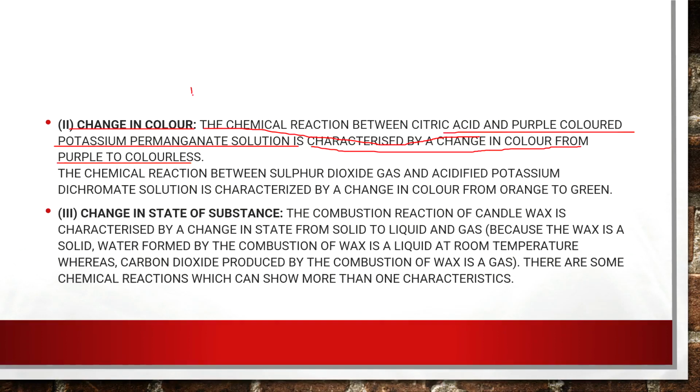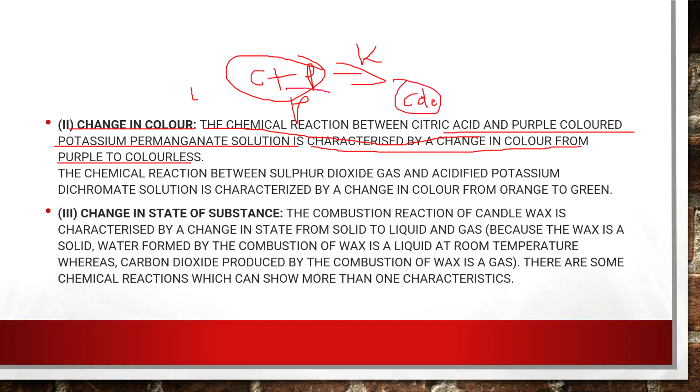So when citric acid reacts with potassium permanganate, it becomes purple to colorless. You have to keep that in mind too.